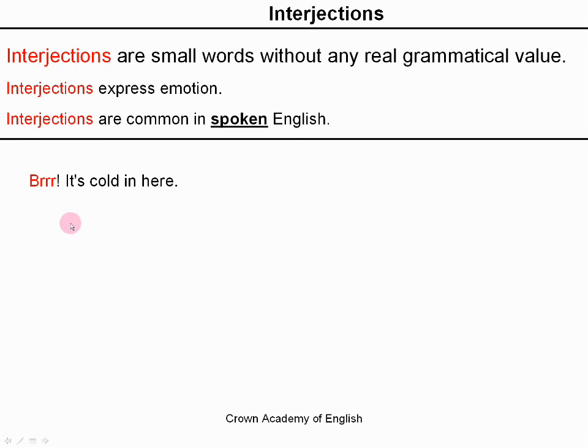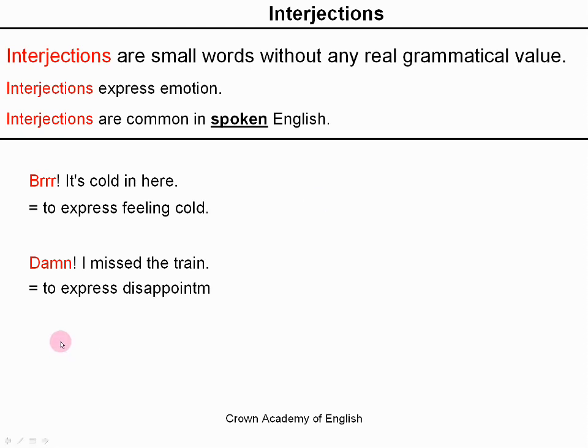So an example is, brr, it's cold in here. So brr is to express feeling cold. Damn, I missed the train. So damn expresses disappointment or frustration or maybe even anger.